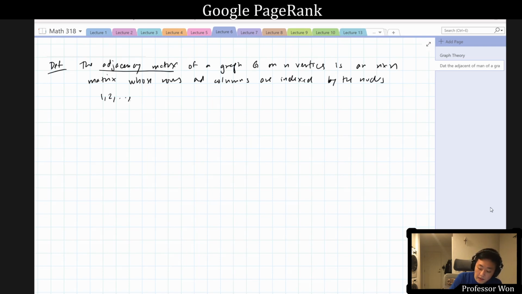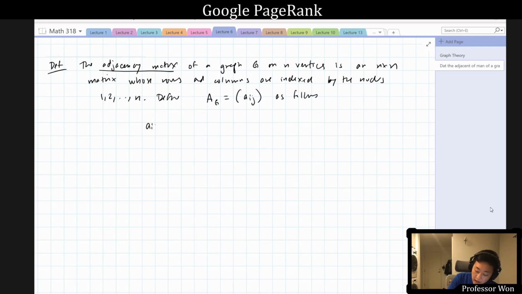Right, 1, 2, 10. Right, so you have a graph on 3 vertices. There's a 3 by 3 matrix, and you think of the first row as corresponding to the first vertex or node. The second row is corresponding to the second node. The third row is corresponding to the third node. And you define A as follows.